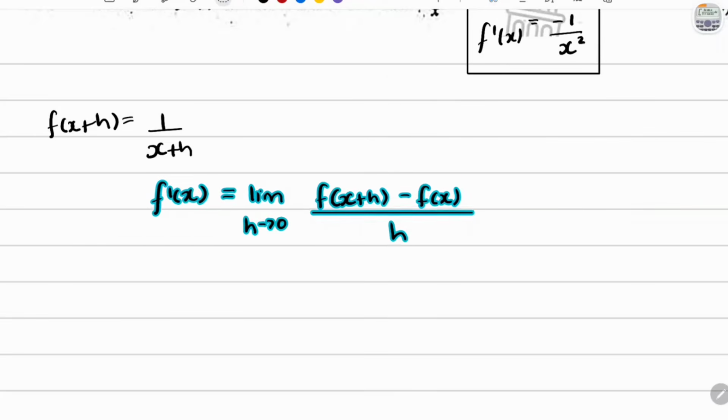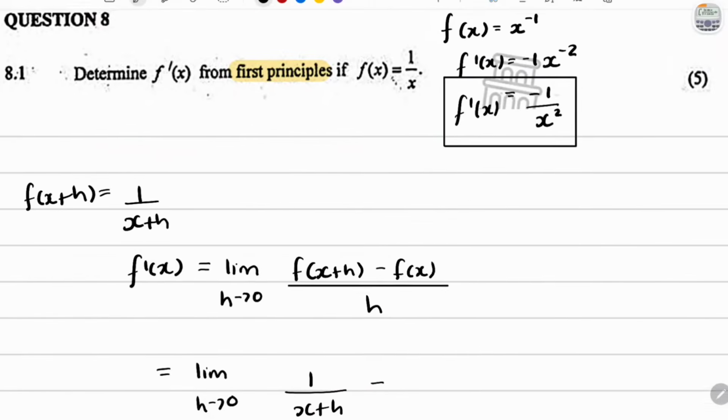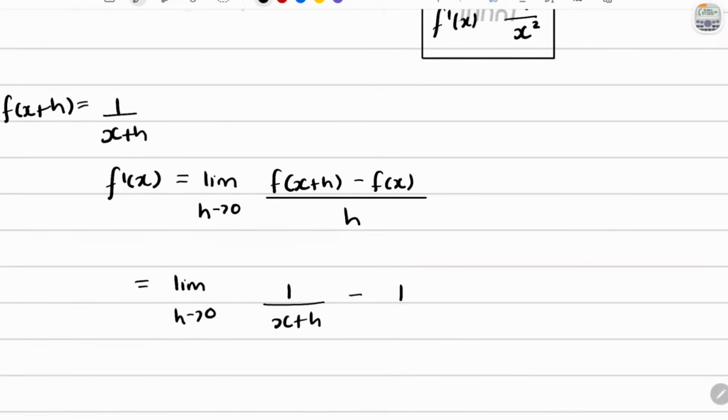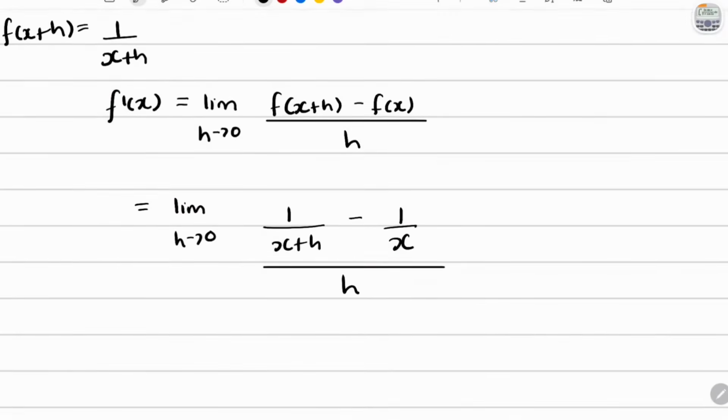So we're deriving, we're going to go ahead and say that this is equal to, and we're saying the limit as h approaches 0. You'll keep saying this until you get to the substitution. So this is f of x plus h, so we put 1 over x plus h. And then minus f of x, which is 1 over x that we have there. And all of this is being divided by h.